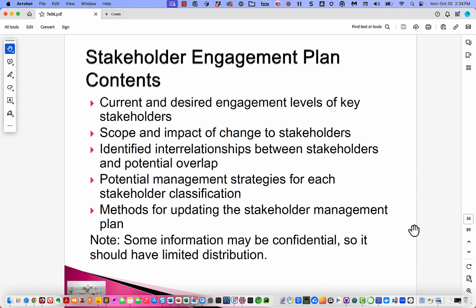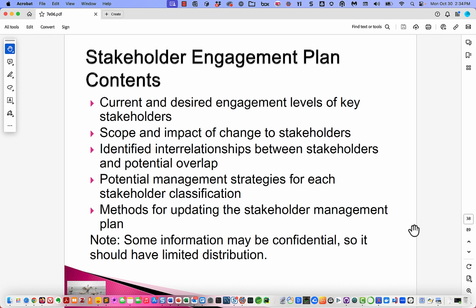So, what are the contents of a stakeholder engagement plan? Current and desired engagement levels of key stakeholders. We may have some people who we desire to become engaged with the project who don't even know about the project yet. Scope and impact of change to stakeholders.